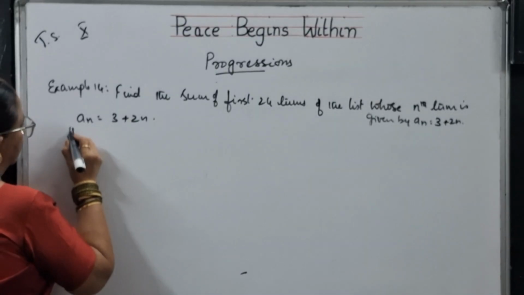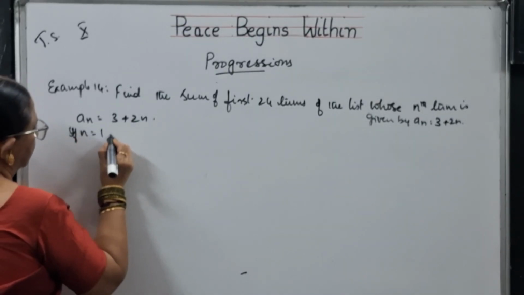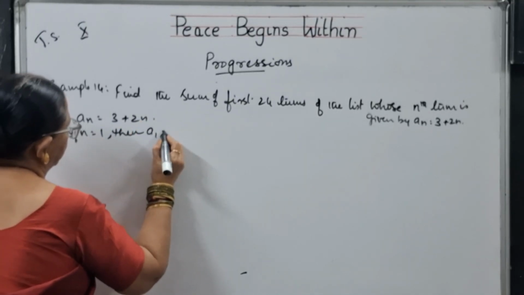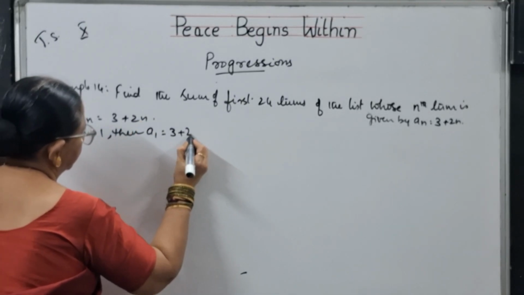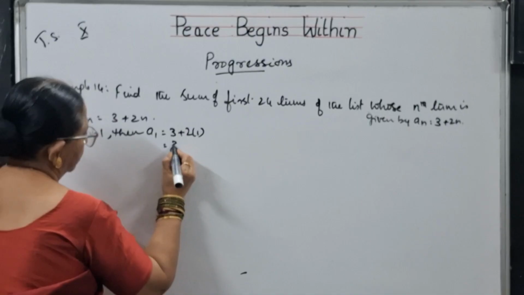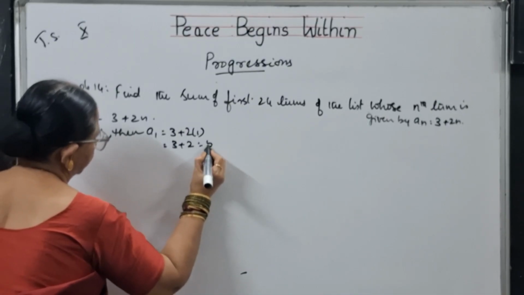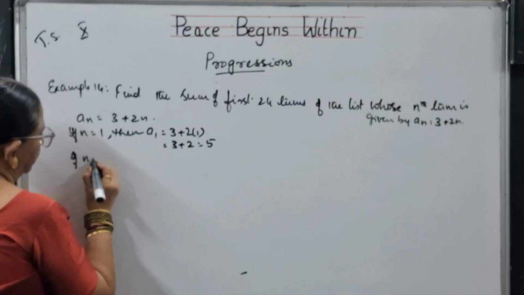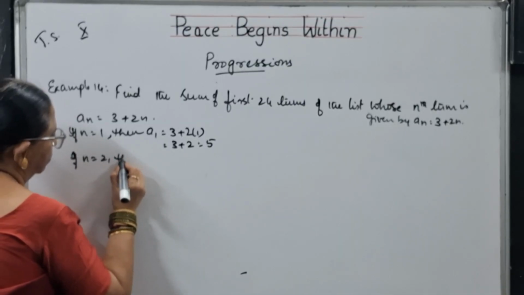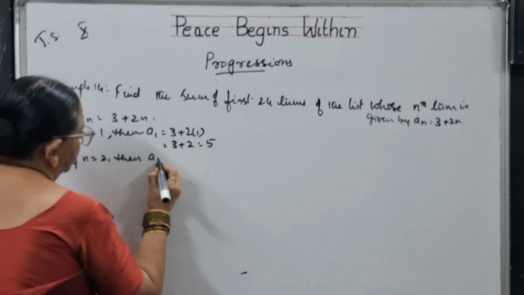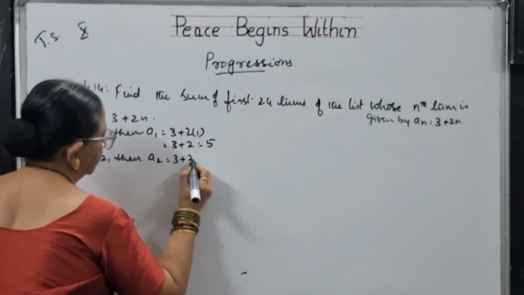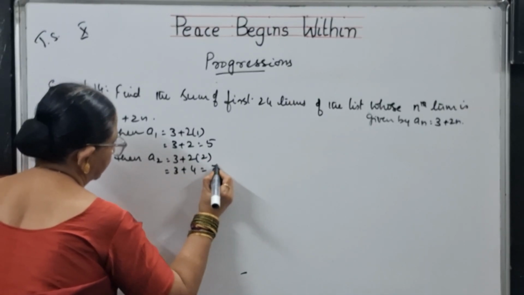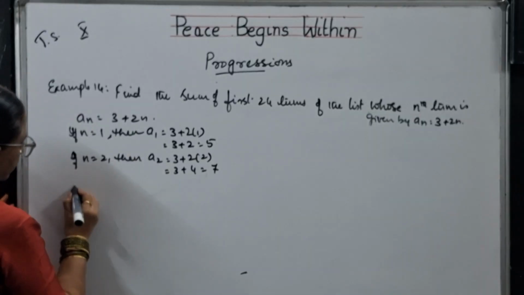Now if n is equal to 1, then a1 is equal to 3 plus 2 into 1, that is 3 plus 2, that is 5. And if n is equal to 2, then a2 is equal to 3 plus 2 into 2, 3 plus 4, that is equal to 7.